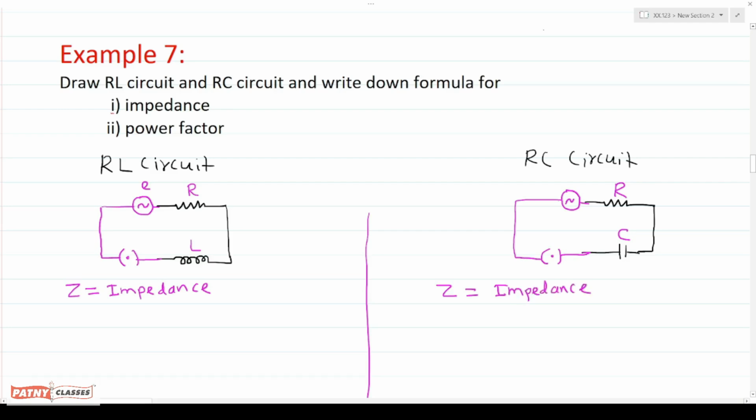Impedance is nothing but the opposition present in AC circuits when resistor, inductor, or resistor, capacitor, or all three, RLC, are connected in a circuit. The opposition offered to the flow of current is called impedance.